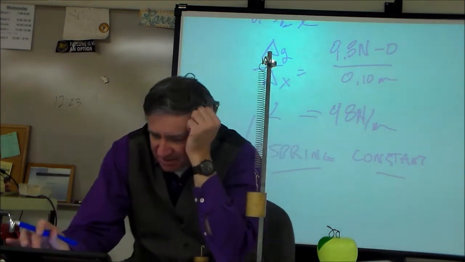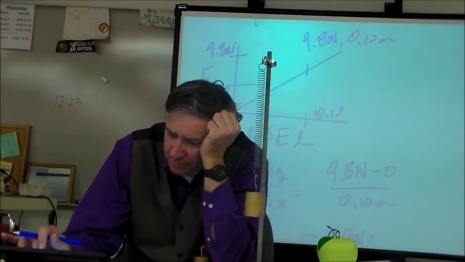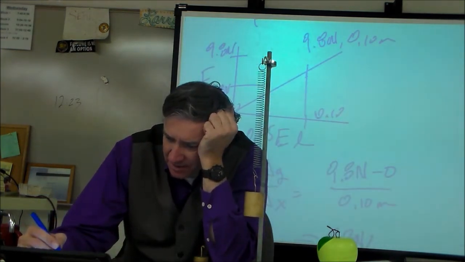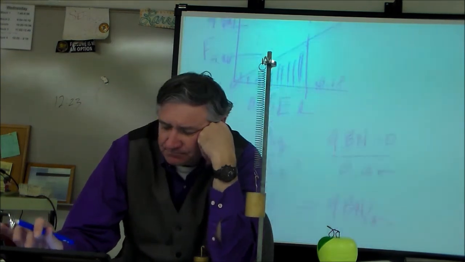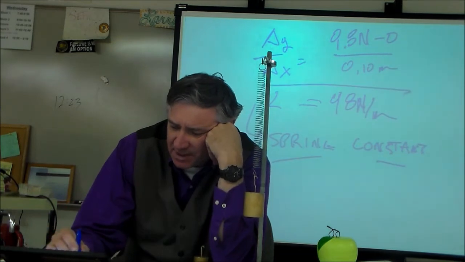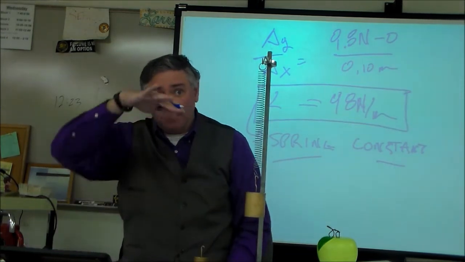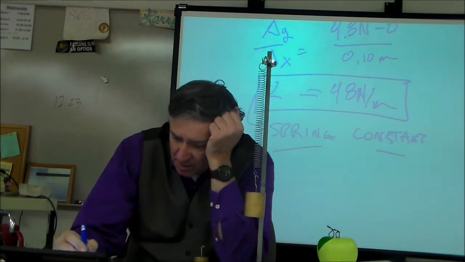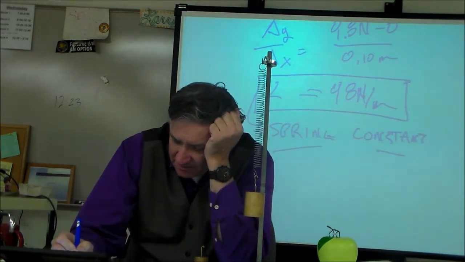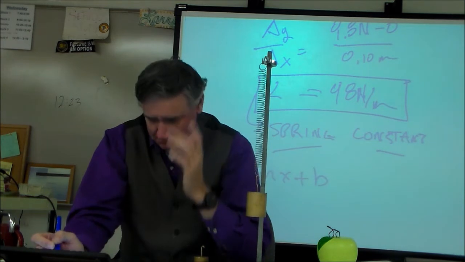So here's the deal. What we're going to do is find the area underneath this graph, right? So we know our spring constant, okay? So that's going to be the slope of that line. Because it's a linear function, we can do y equals mx plus b.